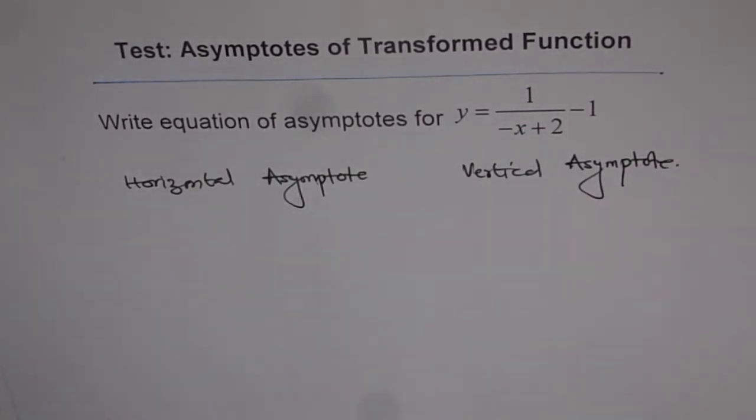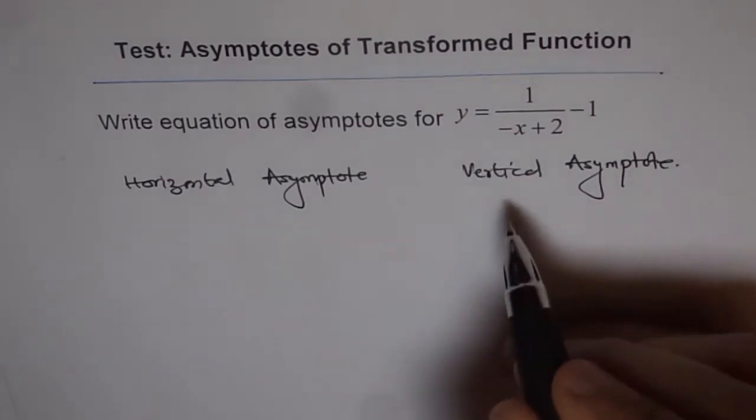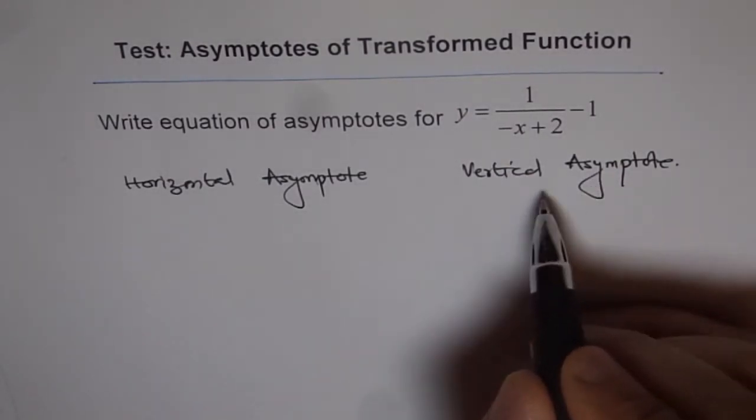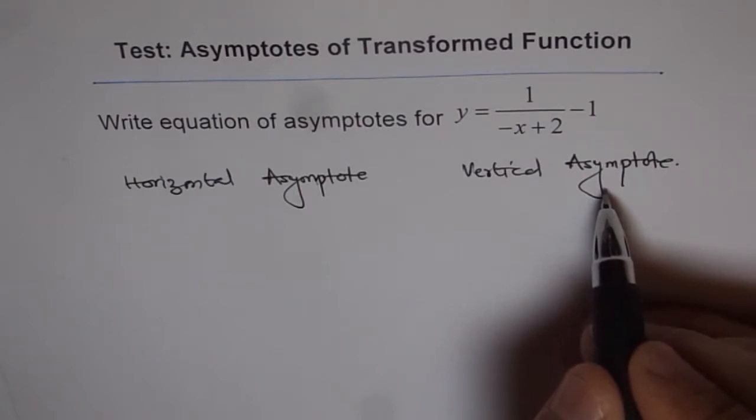Correct? Now, how do you get these asymptotes? Vertical asymptotes are restrictions on the domain. You can never be there. You cannot cross these lines.